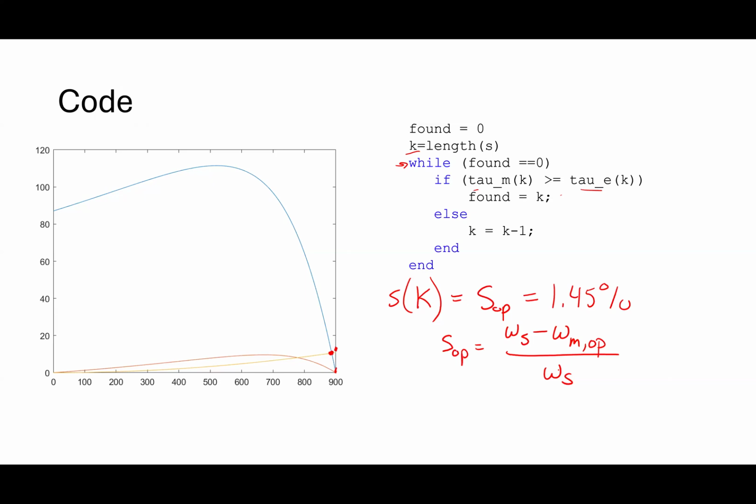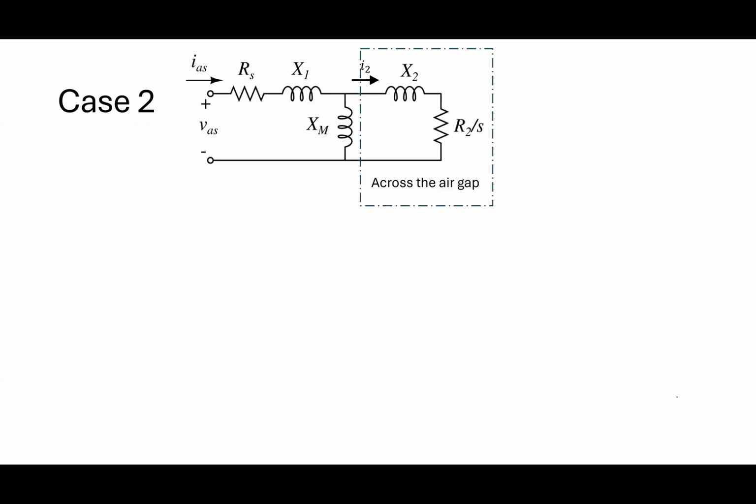What's my synchronous speed? 900 RPM, right? 900 RPM. So when I do this and calculate my actual operating speed, I came up with, in this case, 886.95 RPM. Okay.